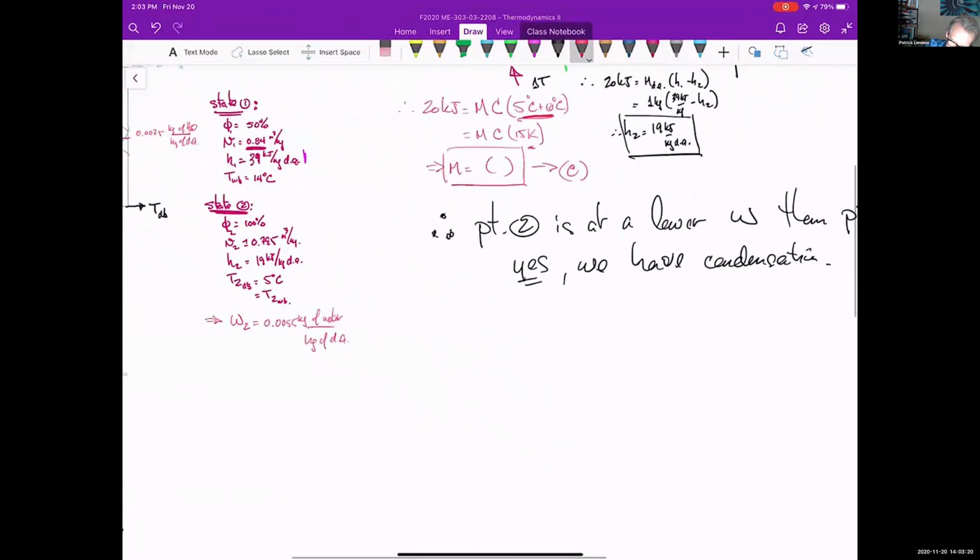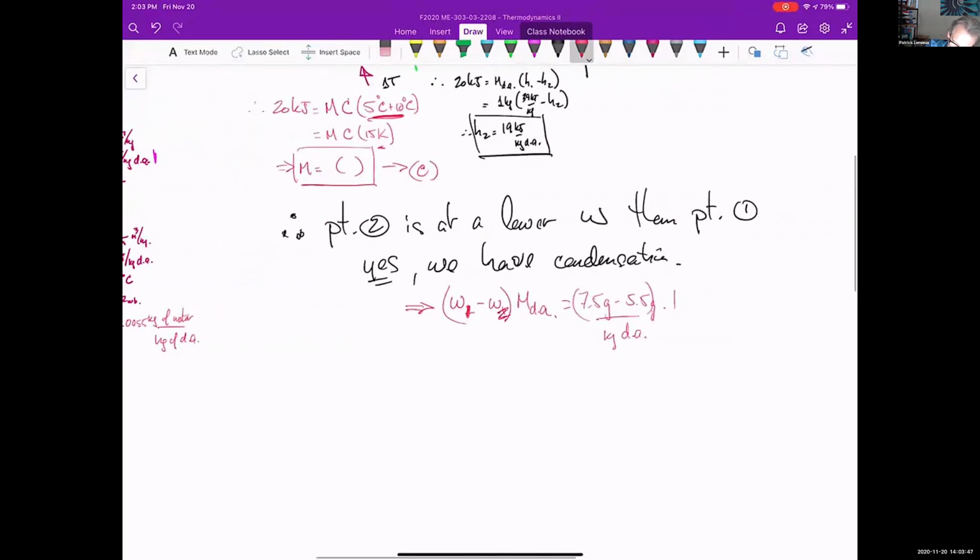Okay. The answer to this is omega 1 minus omega 2 times m of dry air, which is 7.5 grams minus 5.5 grams per kg dA times 1 kg dA, which is equal to 2 grams of water condensed.